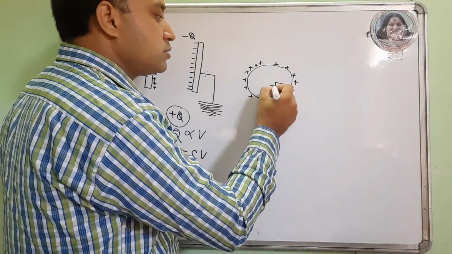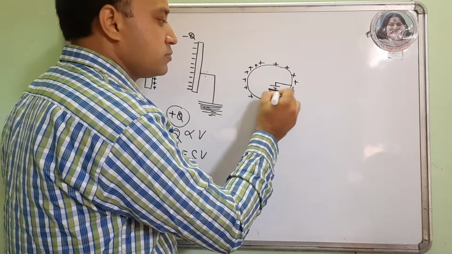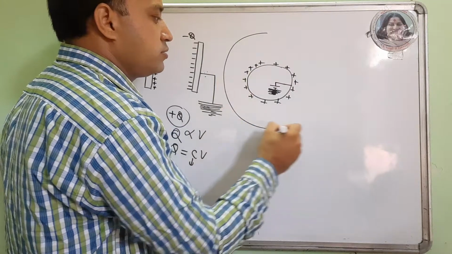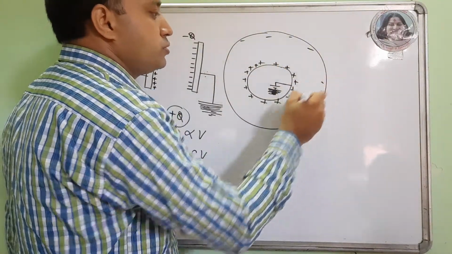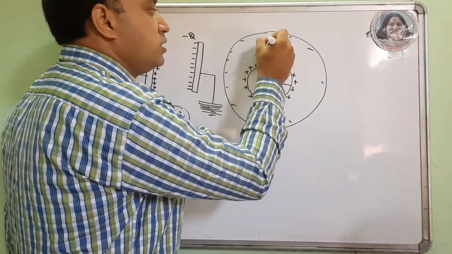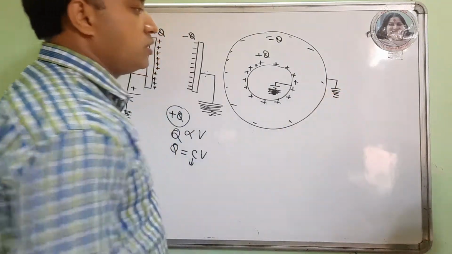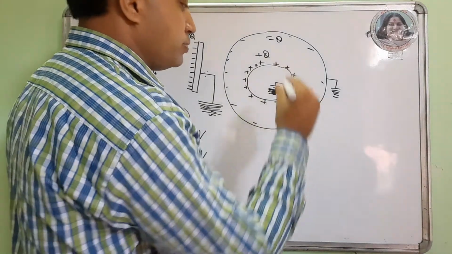A cell is connected with this earthing, and another object which is induced. If the inner object has plus q charge, then this object has minus q charge, and this is also earthed. Now, this is called a spherical capacitor.